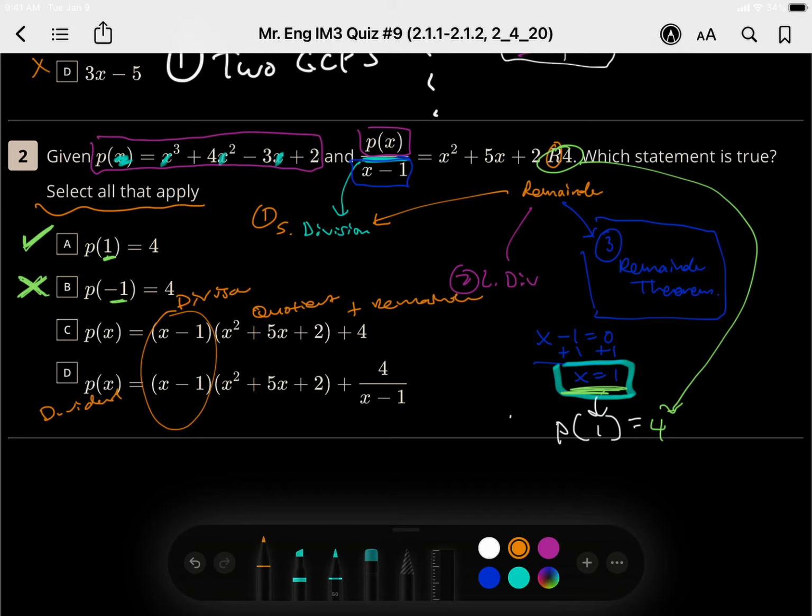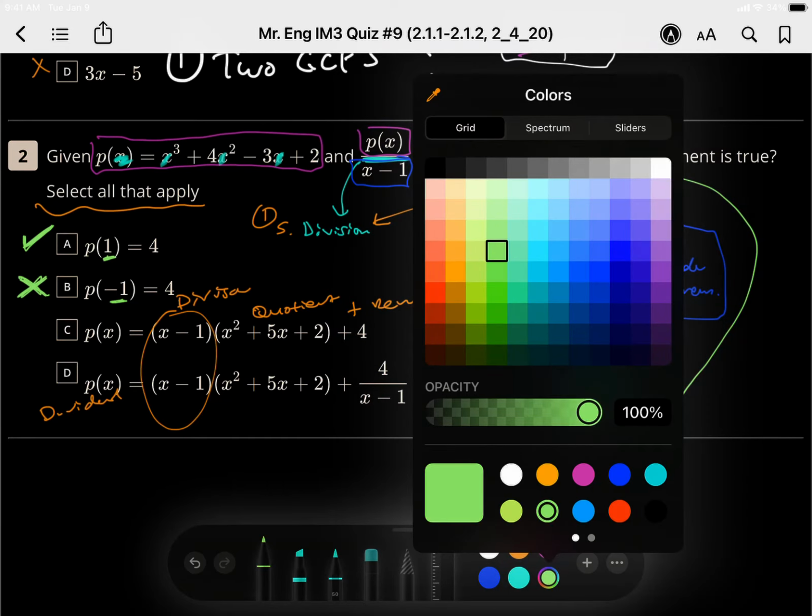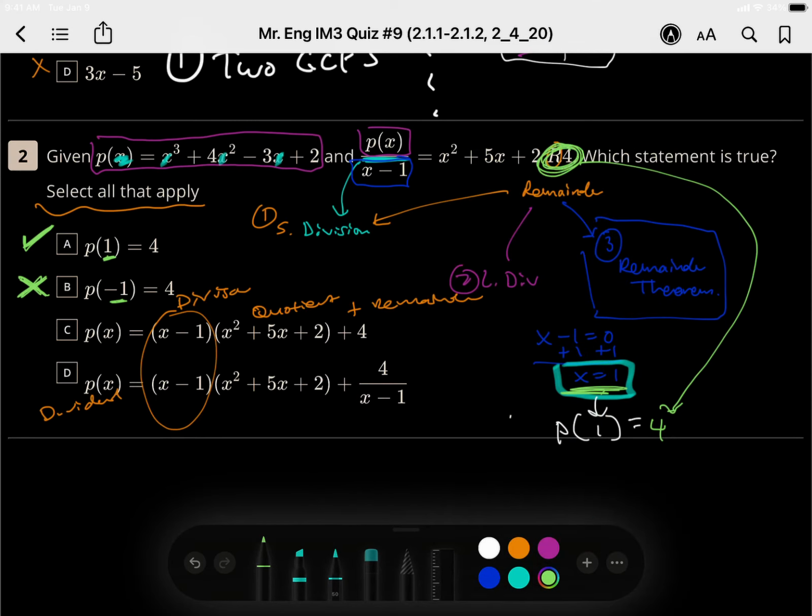Okay, so what do you do with a remainder? If the remainder is 4, the remainder becomes the numerator, the top of the fraction. The divisor, here in dark blue or cyan, goes at the denominator.